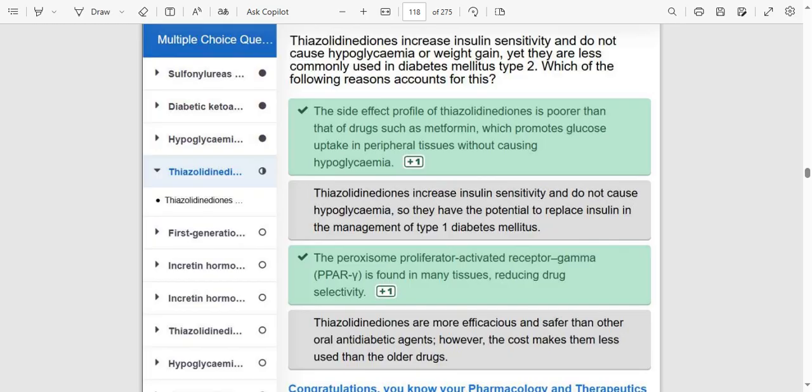What are some of the side effects of the TZDs? Anyone that can help with that? We know the mechanism of action, they're acting on PPAR gamma. But any side effects that we know for the TZDs? All right, thank you so much.